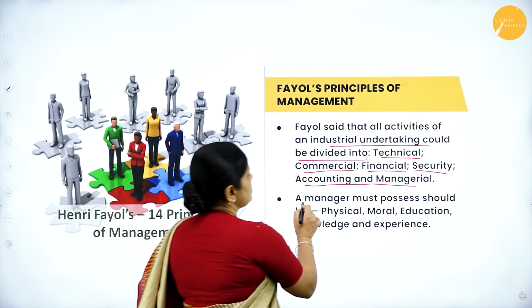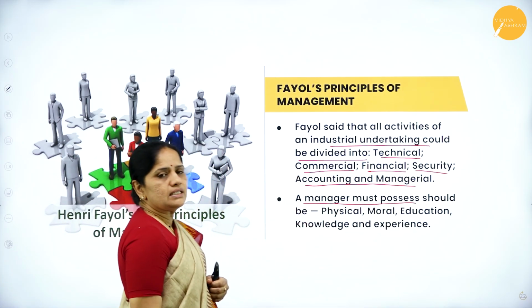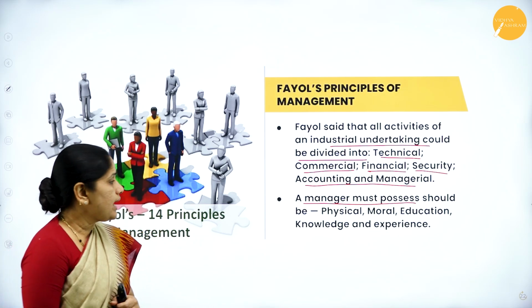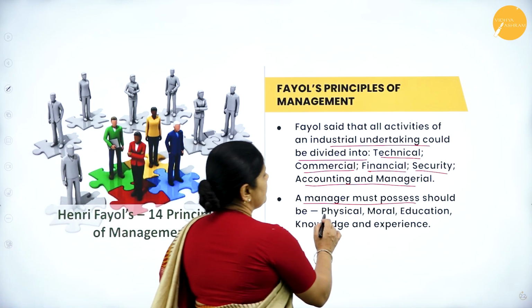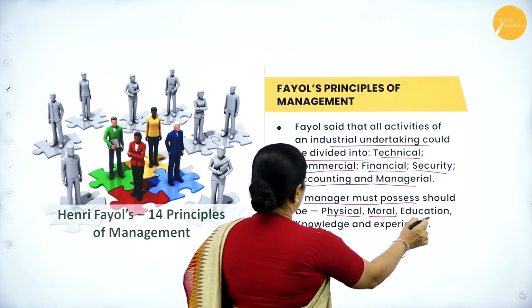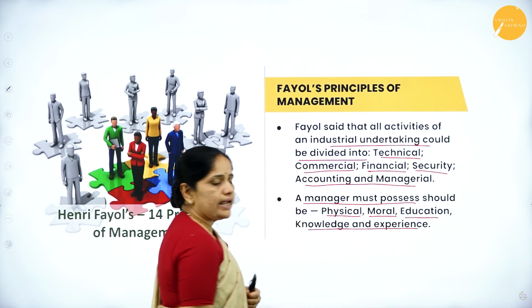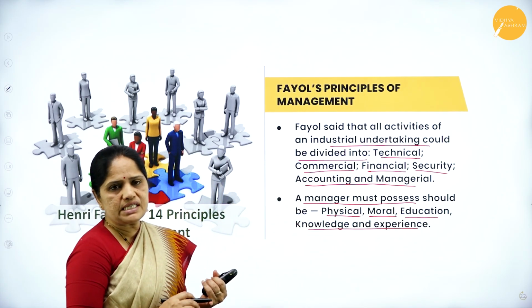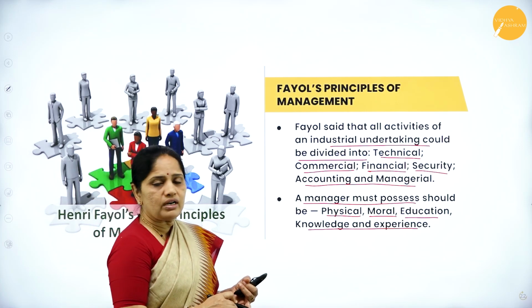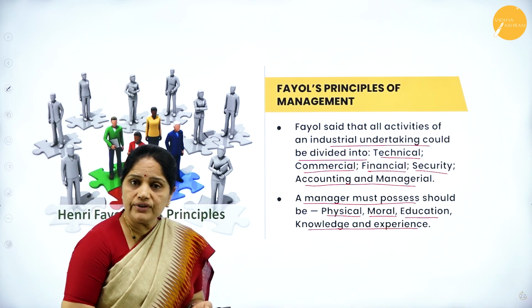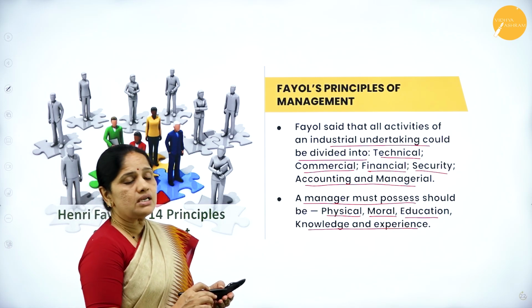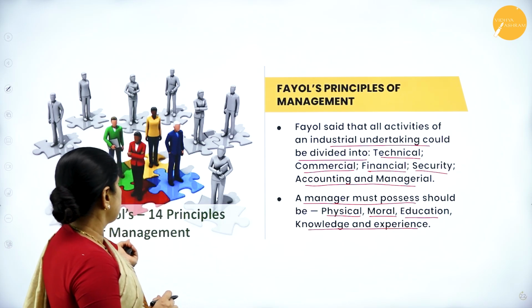Then he also decided what qualities a manager should have. He should possess physical, moral, education, knowledge, and experience. What kind of physique he should have, what kind of moral values, what kind of education, what knowledge, and what experience.